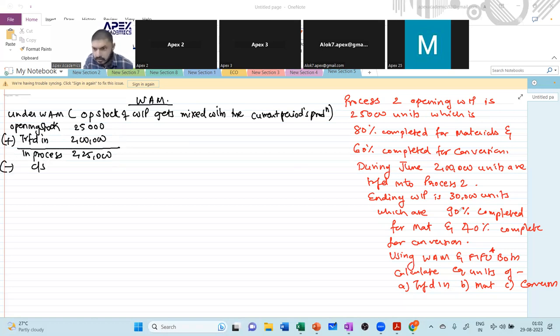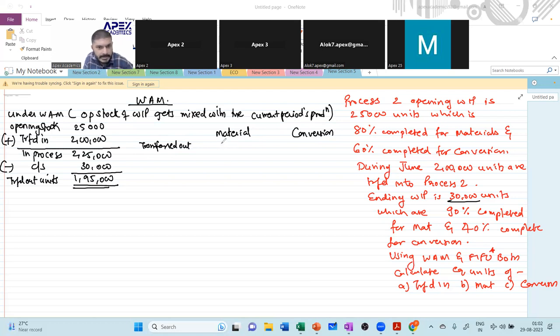My closing stock is 30,000 units. These are transferred out units. Okay. Now, material, conversion, transferred out.